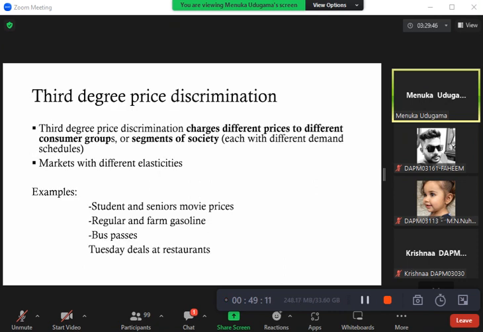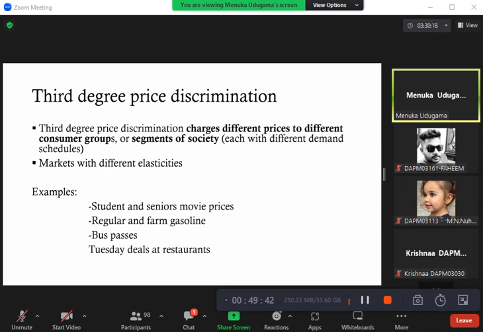So third degree price discrimination is the same product, but different segments of society pay different prices. For example, senior citizens and students pay less for certain products, and the others pay a normal price, like train tickets, bus passes, or deals in restaurants.